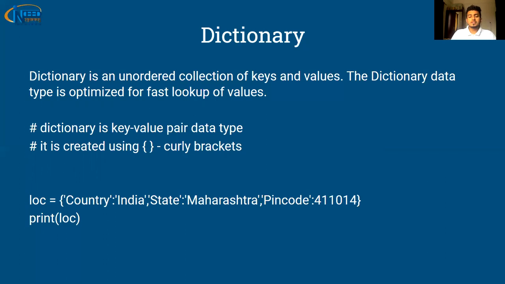Now, a simple example we have taken here is location. LOC we have taken as the variable. LOC means location. So inside the curly brackets we have used country is India, state is Maharashtra, and pin code is on your screen. So here country is a key, India is the value for that key.